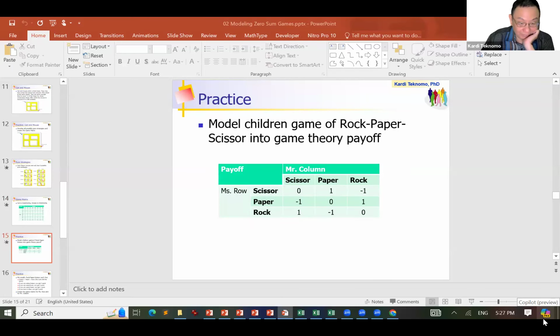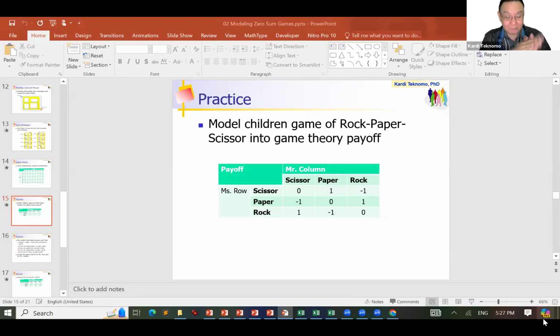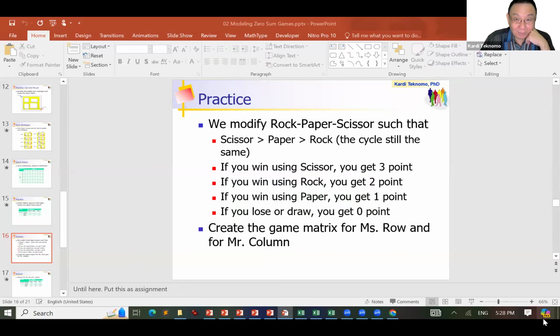Now, a while ago, Sai made the game matrix for rock, paper, scissors, right? So now let's modify this game. The rule will change.